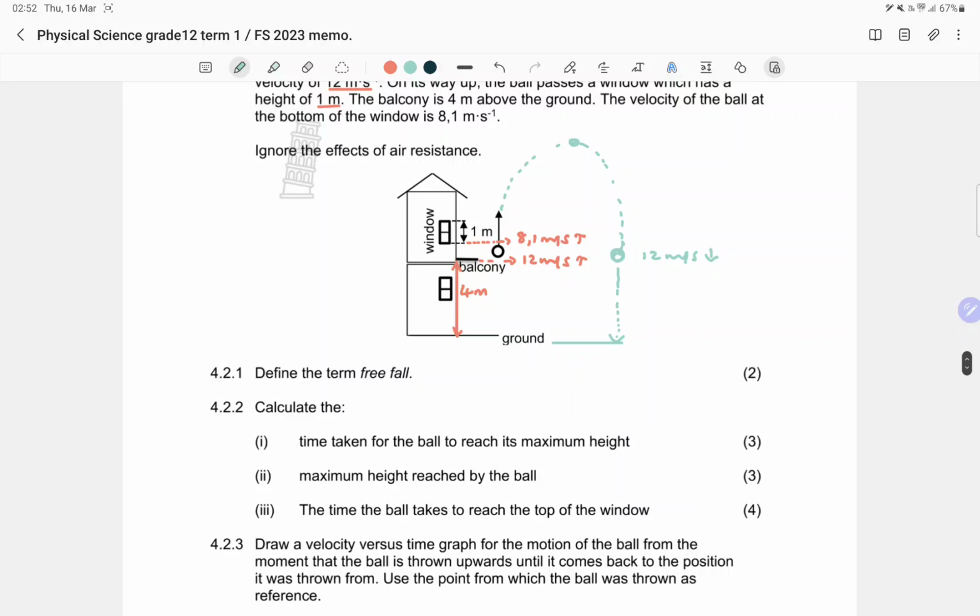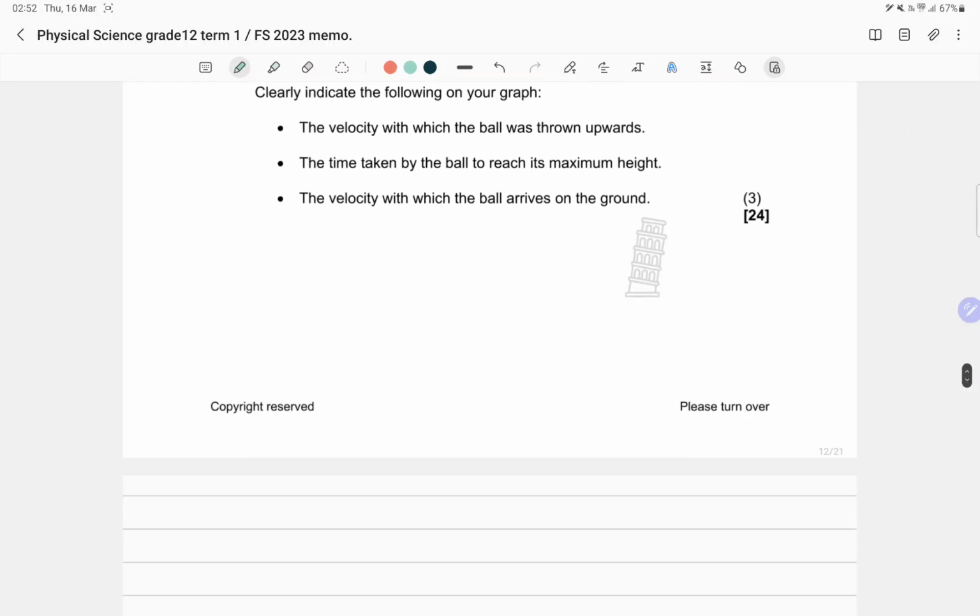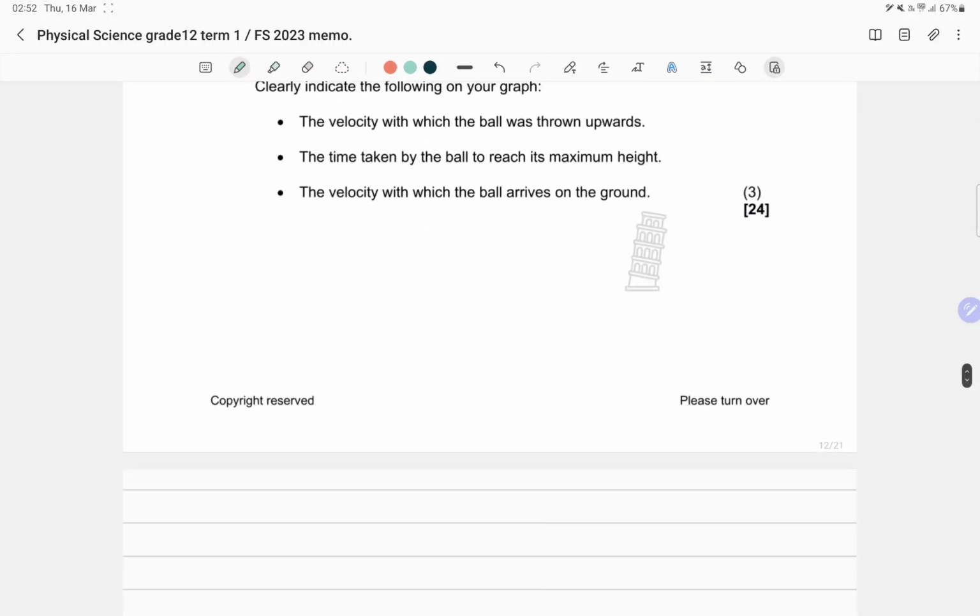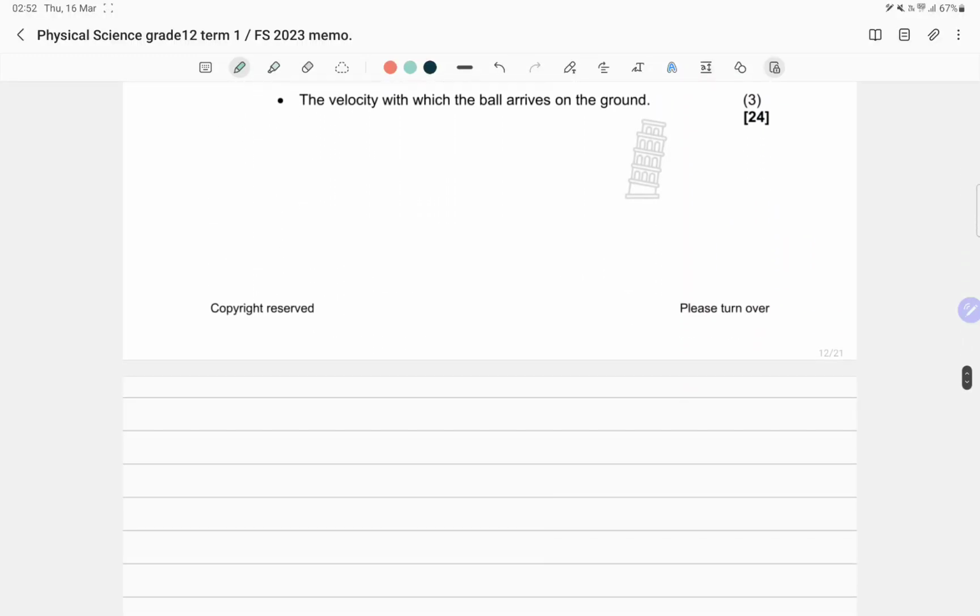So we are told to define free fall, easy stuff. 4.2.1. Okay, what is a free fall?